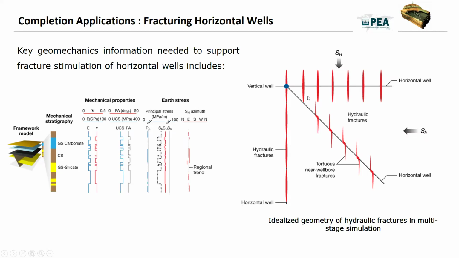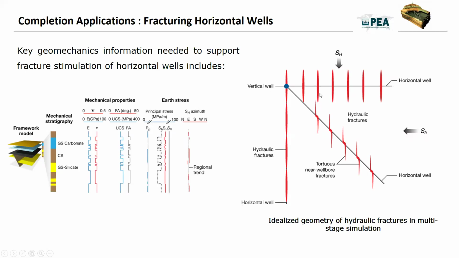Sorry, if we drill our well parallel to SH max, it means that we have to fracture against SH min. If we drill parallel to SH min, we have to fracture against SH max, which is very dangerous for our wellbore stability, and on the opposite side we will not get open fractures. So we have to be careful to get an optimum direction for the geometry of hydraulic fractures in multi-stage. So this is the optimal horizontal well drilling and also for fracturing.